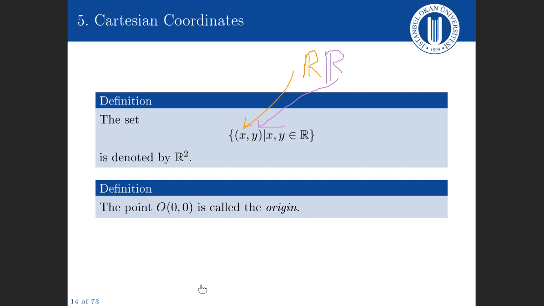So you might think of this set as R R, or R multiplied by R, or R squared. This number tells us the dimension of our space. As I said on the last slide, the point 0, 0 is called the origin.